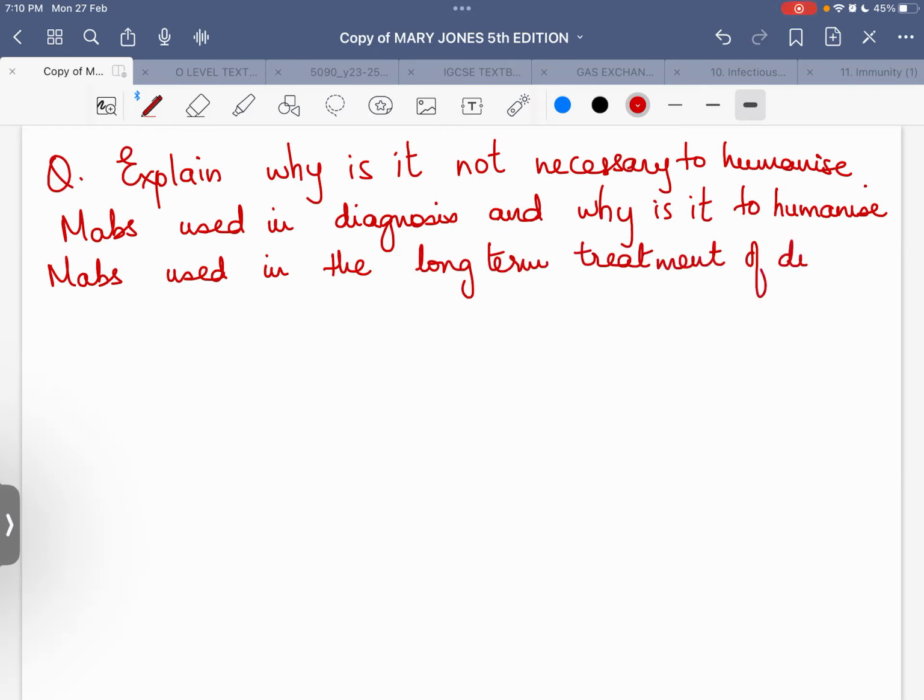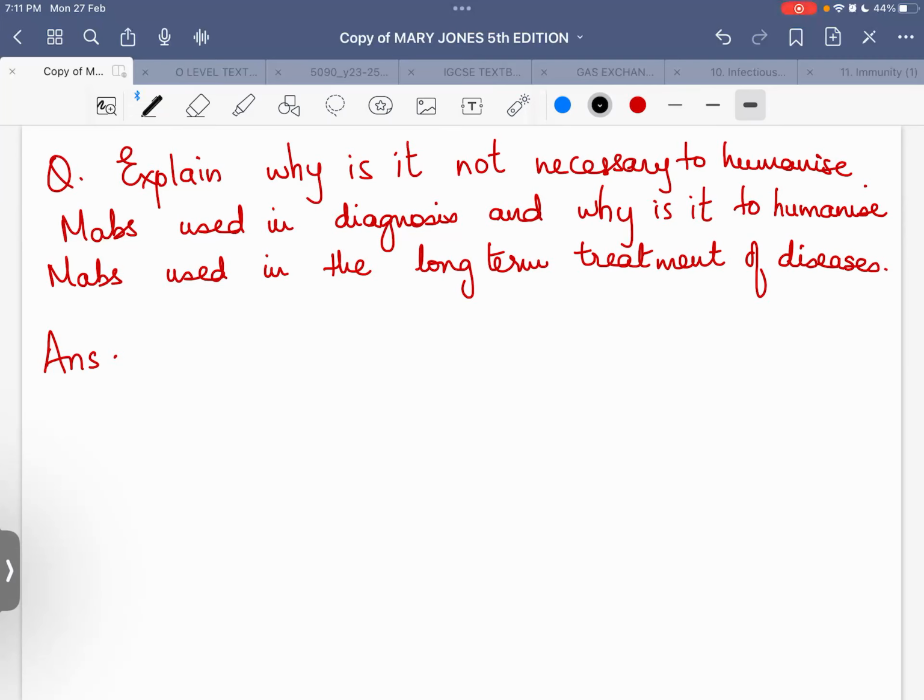Amna, can you answer this question? It's very logical. It's because, like it was written in the book, if we use an animal generated MAB that has not been genetically altered, our immune response might be triggered and it might cause problems.